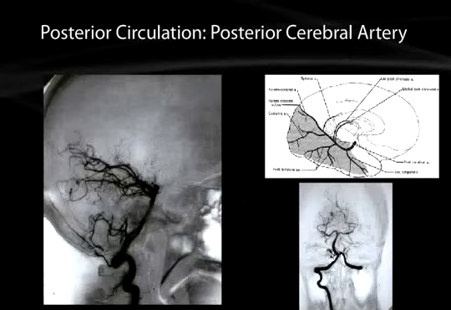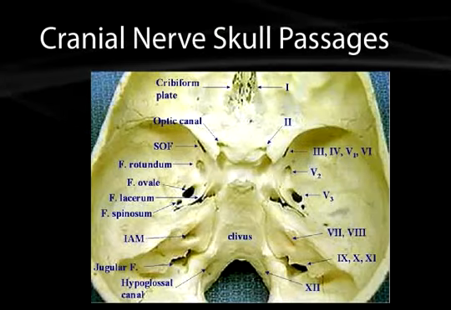Here's what it looks like from the side. And again, we'll talk about the cranial nerve skull passages, and you can see it here in this image, where cranial nerve 1 will pass through the cribriform plate. The optic canal is where cranial nerve 2 will exit. The superior orbital fissure is where 3, 4, V1 of 5, and 6 will pass.